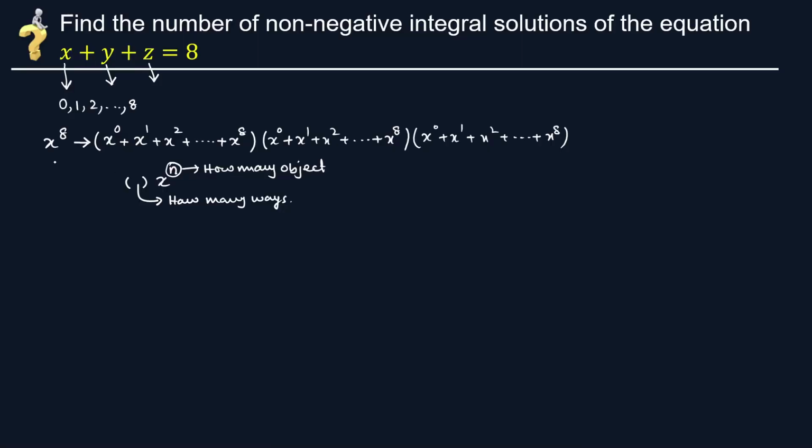Am I correct? So let us find the coefficient of x to the power 8 in this expansion. We are finding the coefficient of x to the power 8 in the expansion of (1 + x + x^2 + ... + x^8) whole cubed.